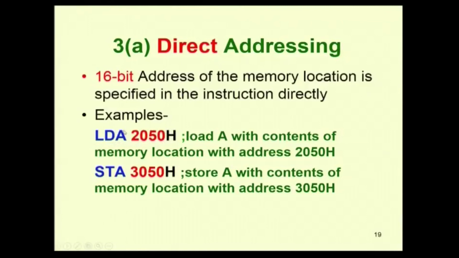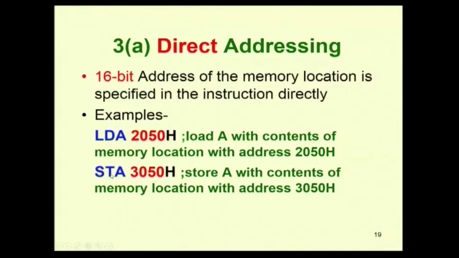Then you mention load accumulator, and immediately following it the exact address where the data is present. So, load A with the contents of the memory location with this address; the contents will be taken from this address and put in the accumulator.